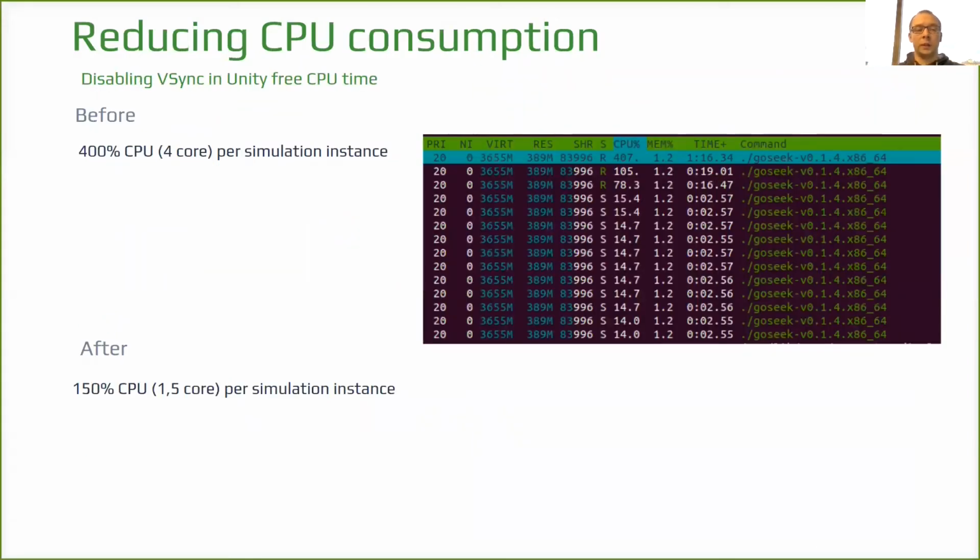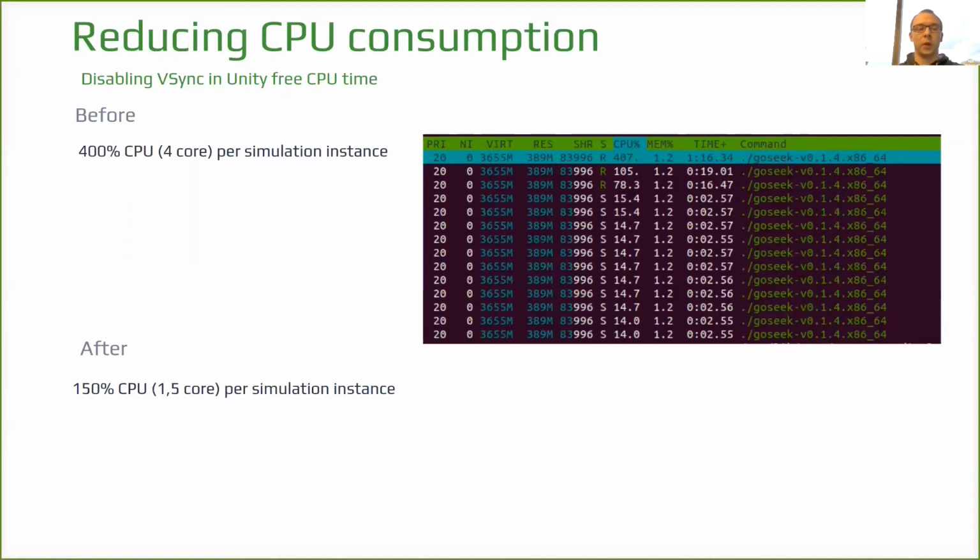Second, the GOSEEK simulator consumes a lot of CPU time. It's about 4 cores per 1 simulator instance, 400%. To solve this problem, you need to disable VSync count in the Unity project, recompile some parts of TESICore, and swap DLL files in the simulator resource directory.